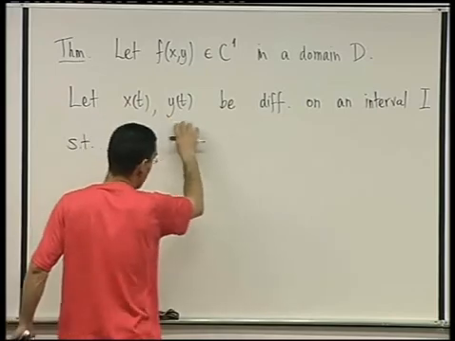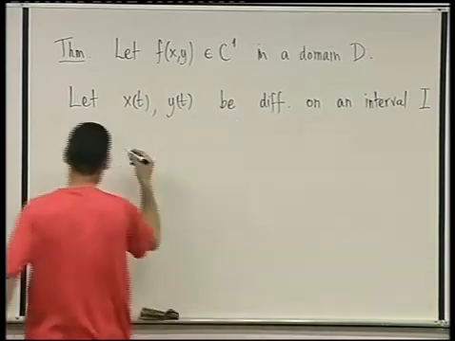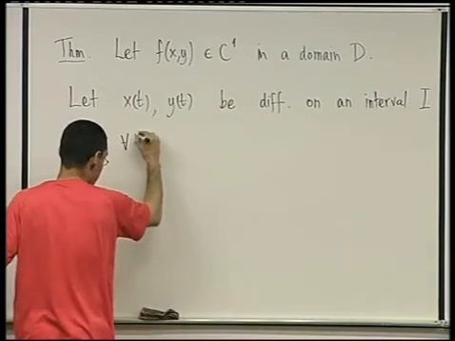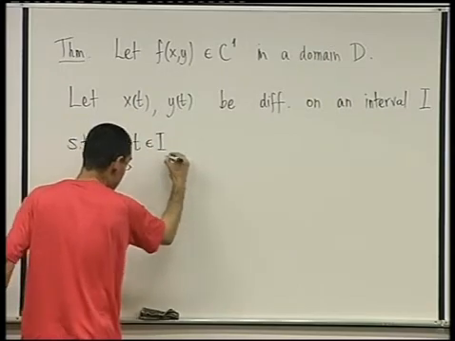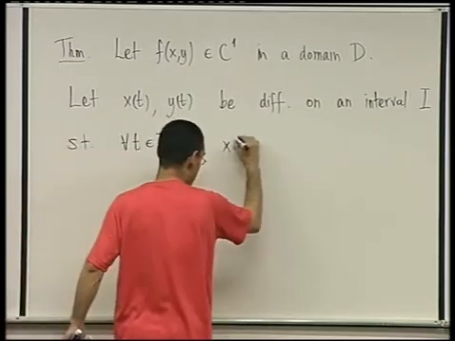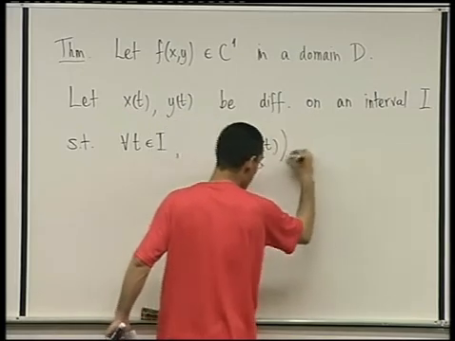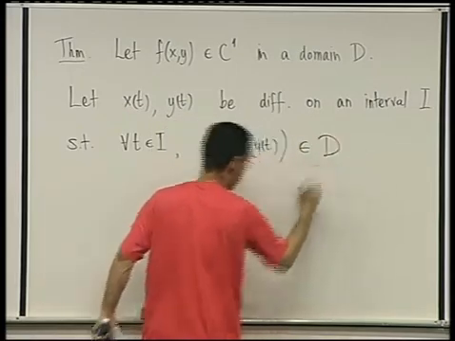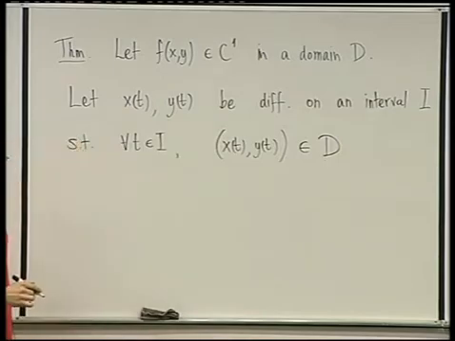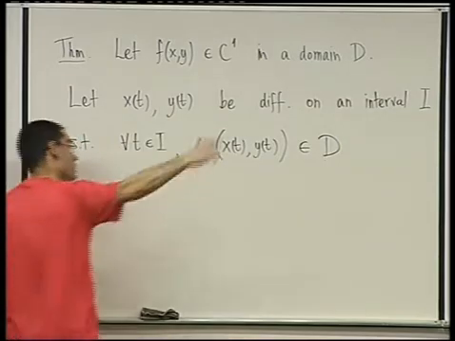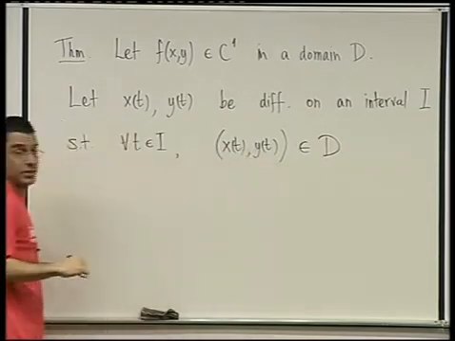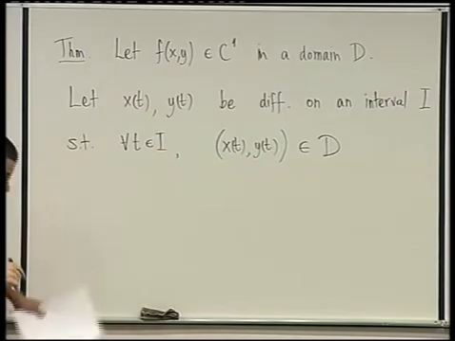Let x(t) and y(t) be differentiable on an interval I, such that for any t in I, the point (x(t), y(t)) takes you to the domain of f. And what I want to do now is have f operate on this. That's the composition.